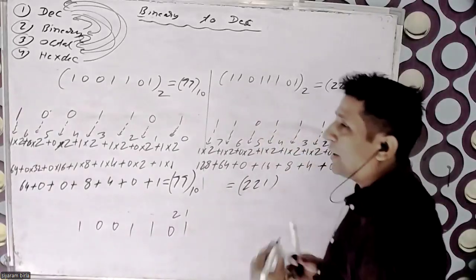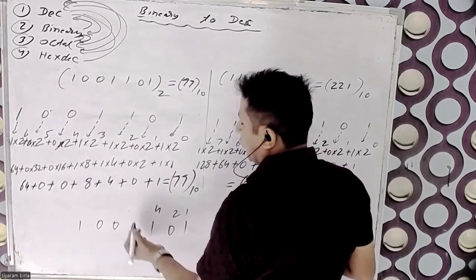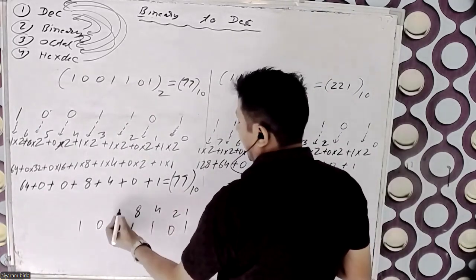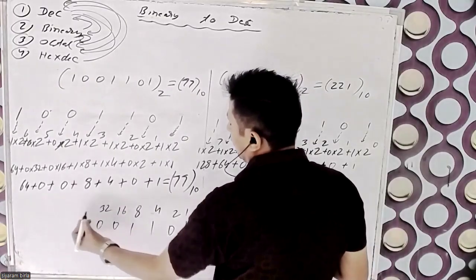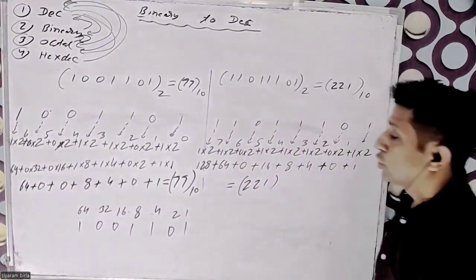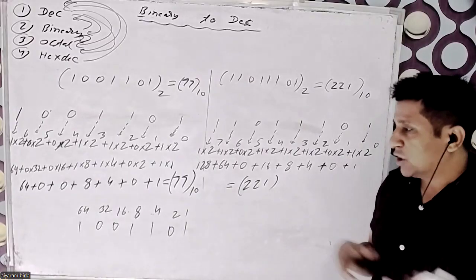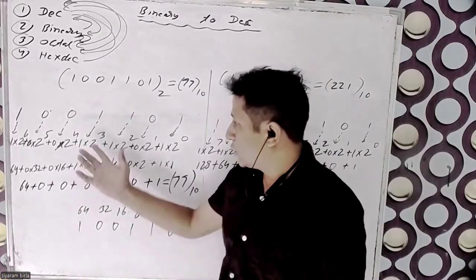If I double the 2, it will become 4, and double of 4 is 8. Doubling again becomes 16, then 32, and then 64. So that is the double value. So it is very easy. Now it will become very easy.